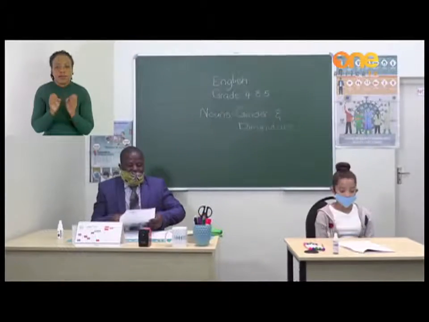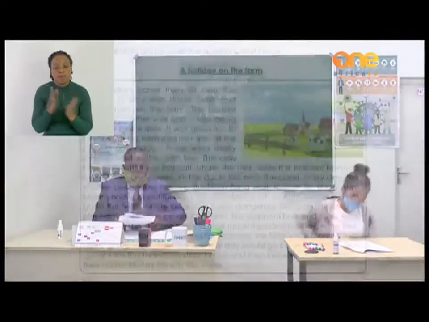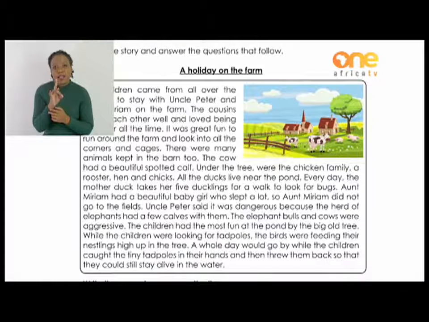Let's turn our books on page 8, activity 5. There, we are having a comprehension. But our comprehension has got a lot to do with our today's lesson where we are talking about diminutives and gender. But I would like to give you another skill for you to be able to understand comprehension passages.